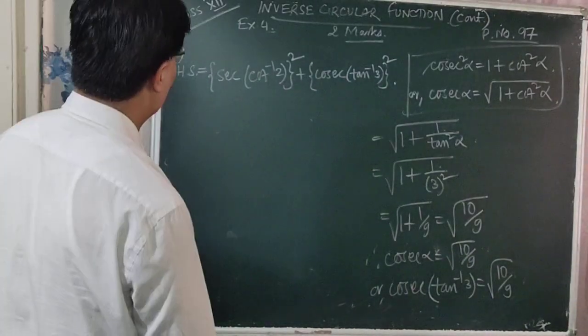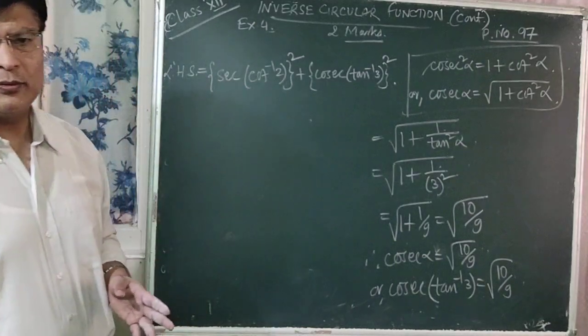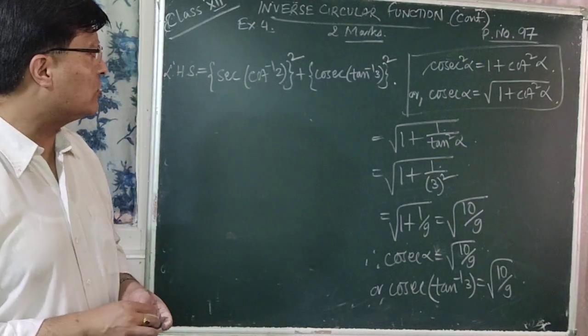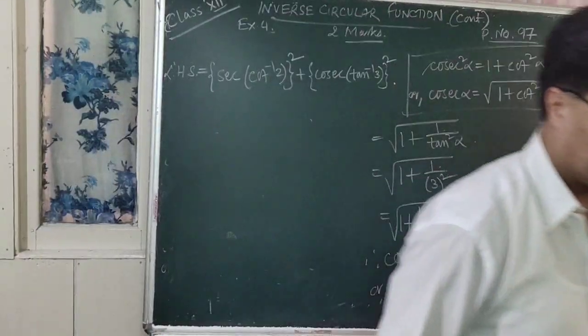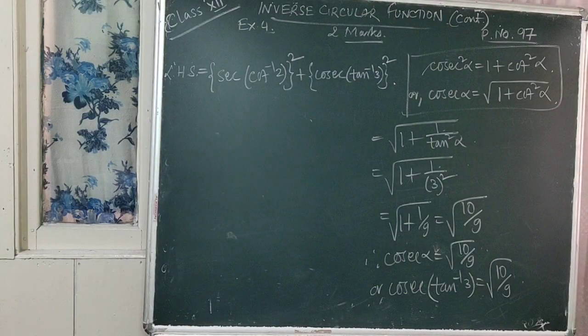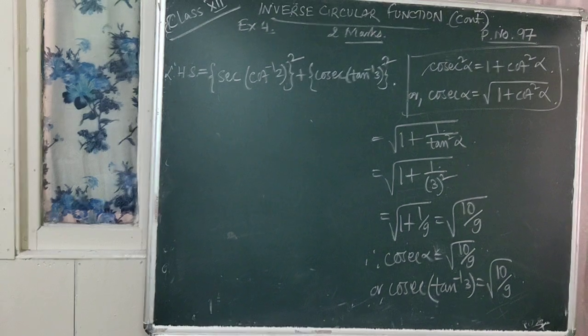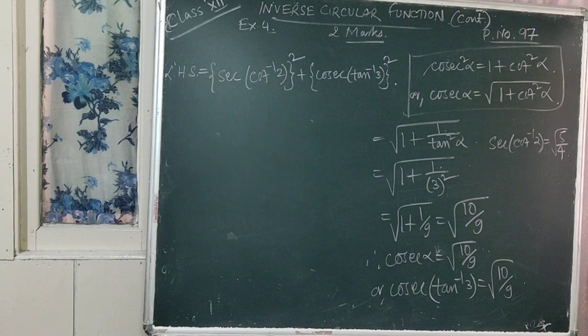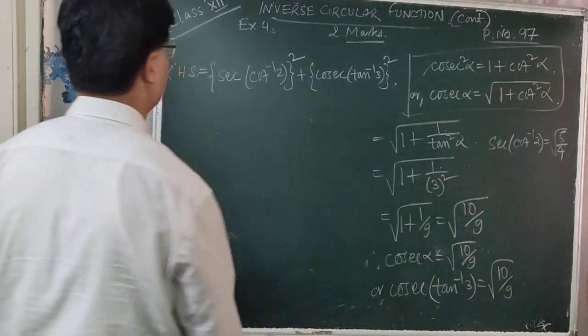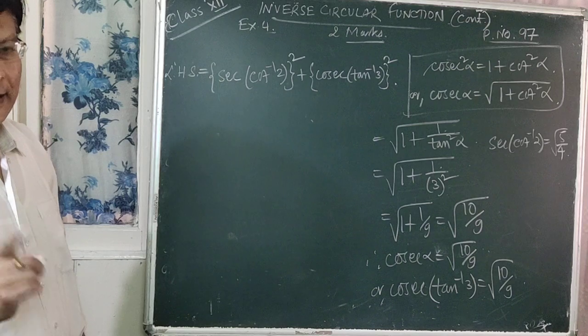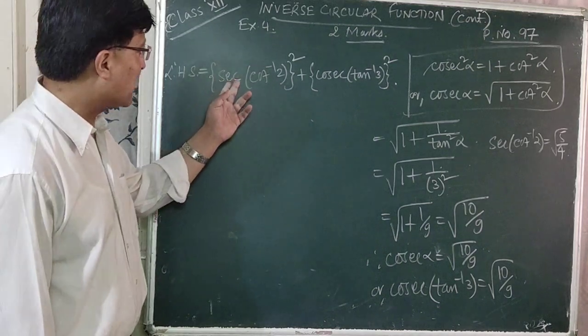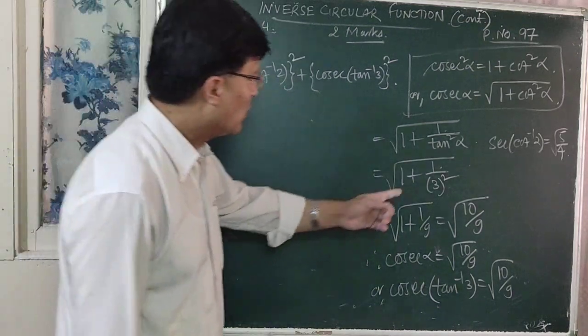So now can you tell me what was sec cot inverse 2? What was the value for sec cot inverse 2? I just asked you the value for sec cot inverse 2, isn't it?